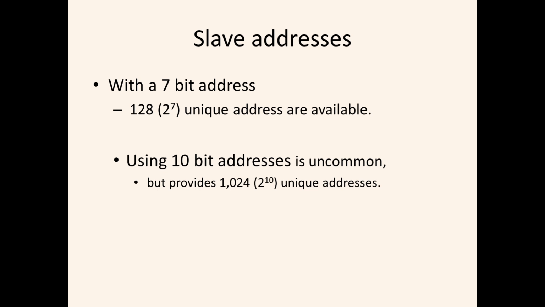Similarly, if you use 10-bit addresses, which is very uncommon, but if you want to connect multiple devices to your master, the maximum limit is 10-bit addressing. So 2 to the power 10 provides 1024 unique addresses for your slaves.